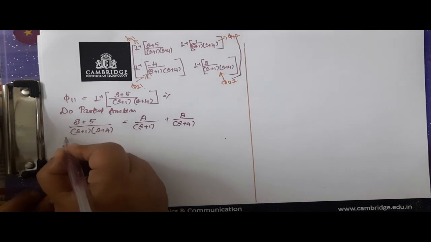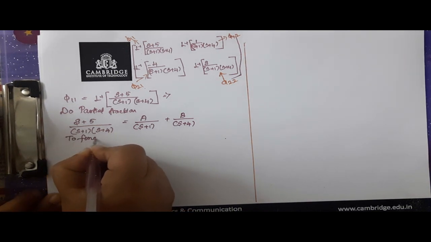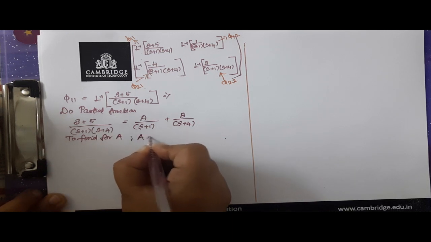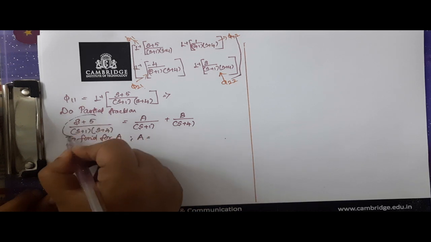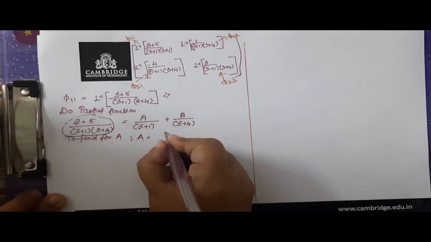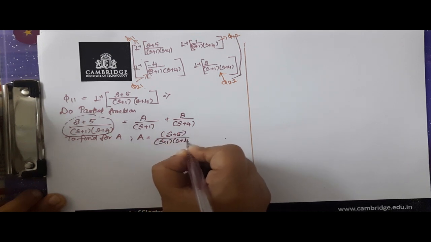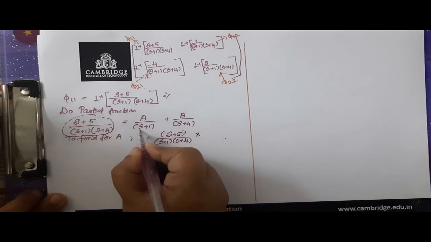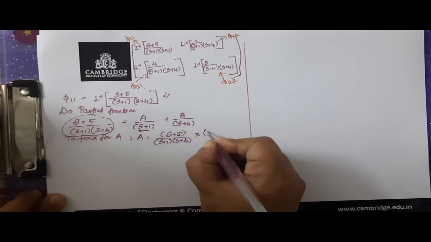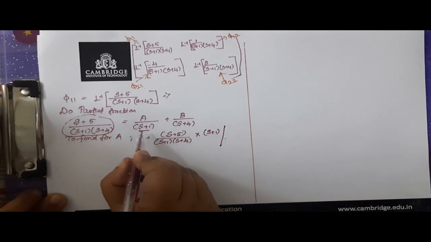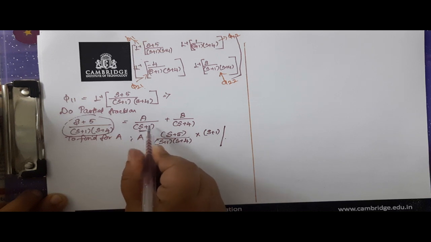Let us find A and B. To find A, first let us write the left hand side term, (S plus 5) divided by (S plus 1) into (S plus 4), multiplied by the denominator of A. We have the denominator of A as S plus 1, at the solution for this equation S plus 1 is equal to 0.